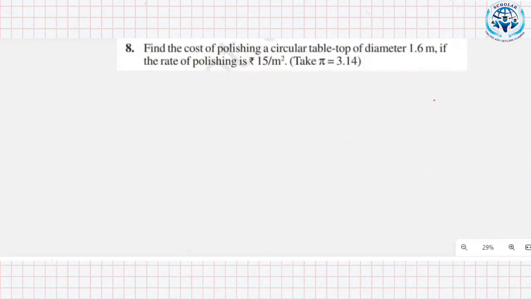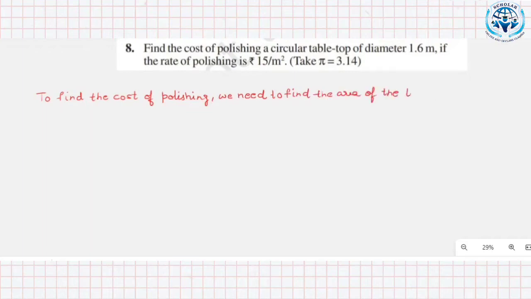Find the cost of polishing a circular tabletop of diameter 1.6 meter if the rate of polishing is rupees 15 per meter square. To find the cost of polishing, we need to find out the area of the tabletop.